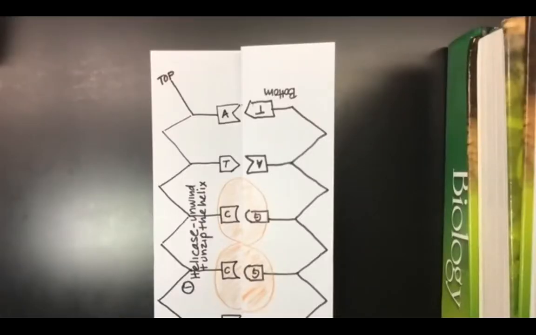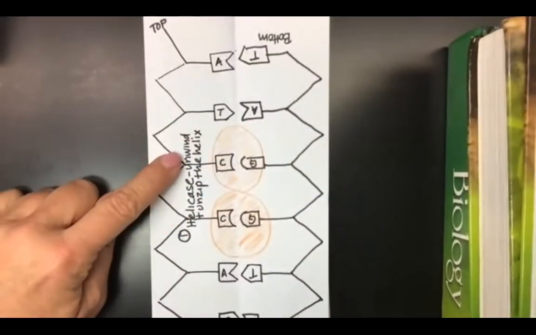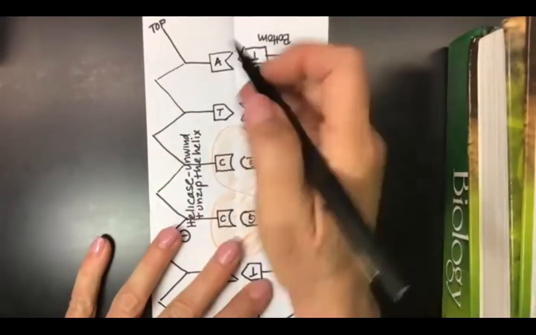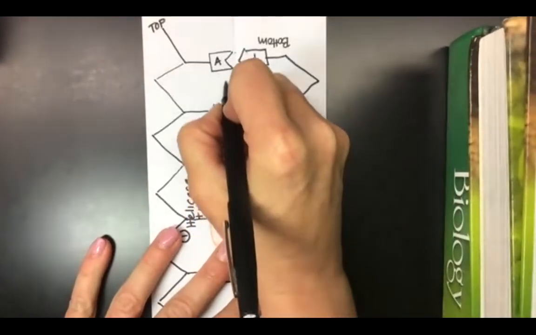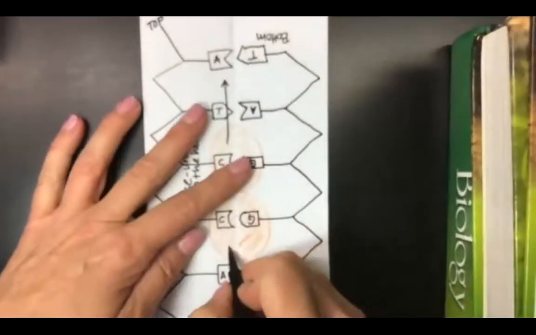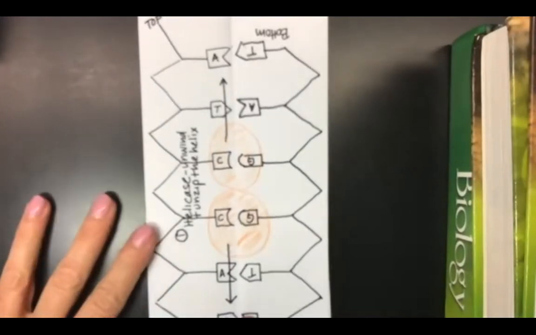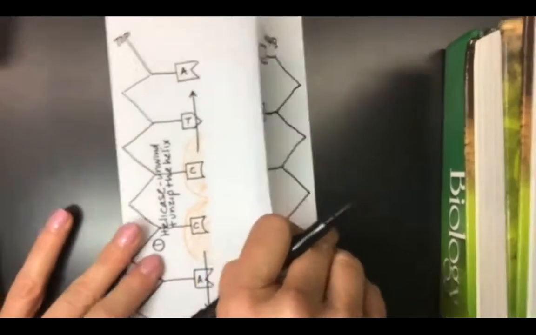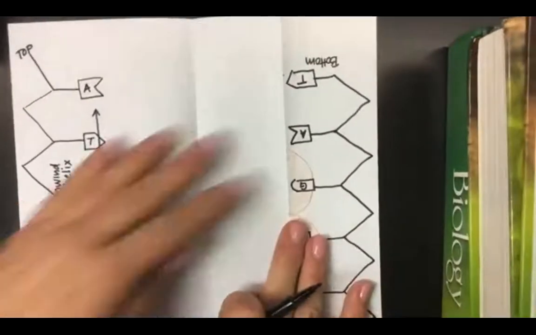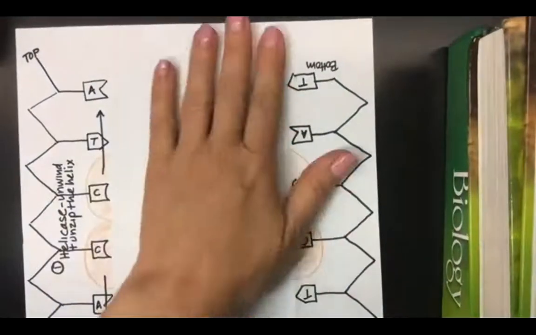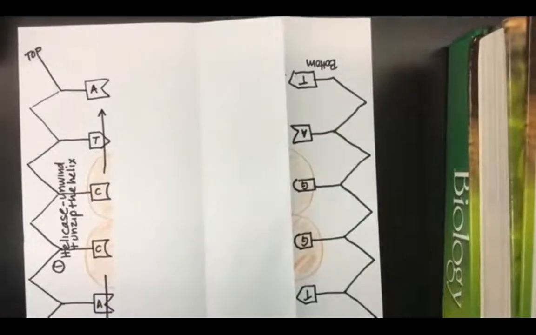Okay, there we go. Okay, so here is my helix right here. My helicase just unwound and unzipped the helix. This zipper pull is going in this direction, and this zipper pull is going in this direction. Now, as it does that, it is going to be opening the helix up to make this space right in here, which is the replication bubble.